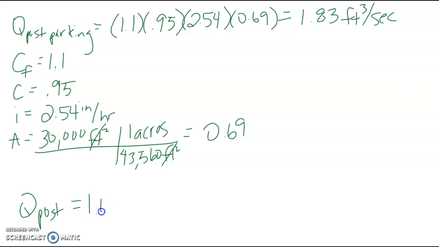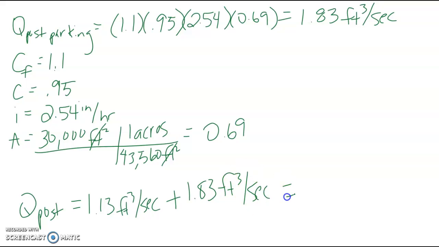So I have 1.13 cubic feet per second plus 1.83 cubic feet per second to give me a total of 2.96 cubic feet per second. And then from here, I've got to go find the difference.